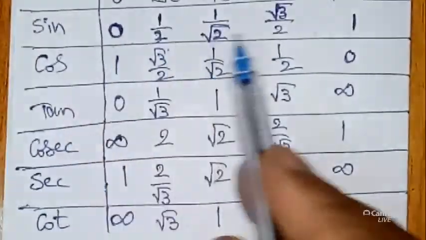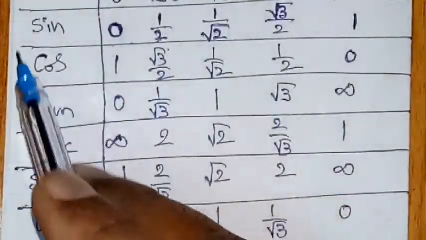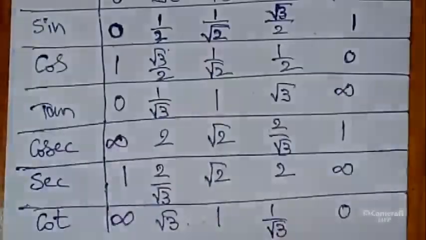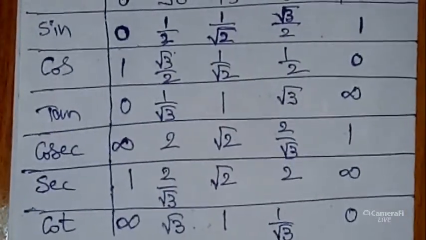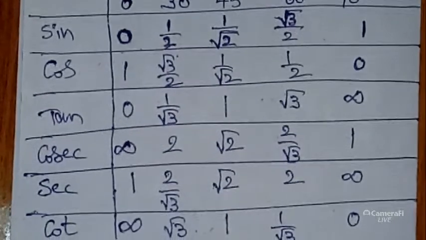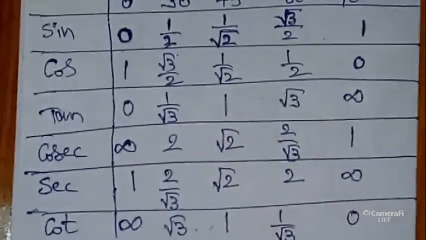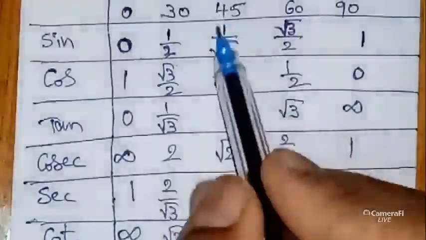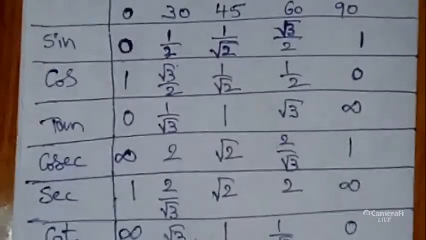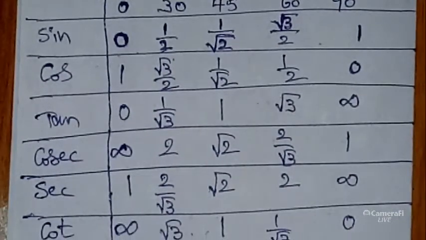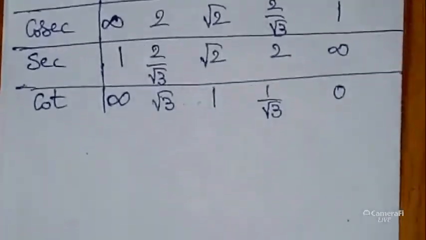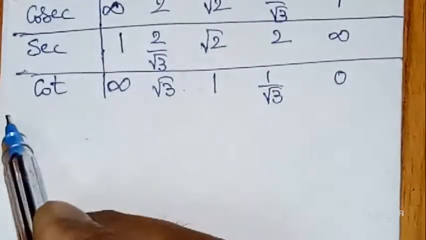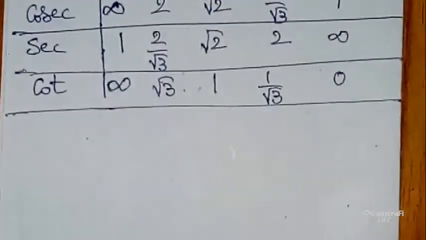So by using sin and cos values you will get the remaining 4 values easily. This is my procedure to get the 0, 30, 45, 60, 90 values. Now I wanted to tell you the sleeping position and standing position to get values.